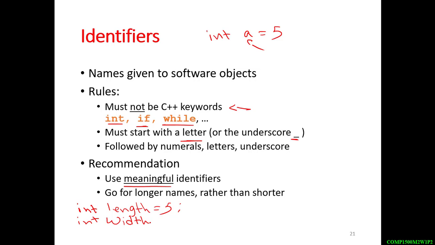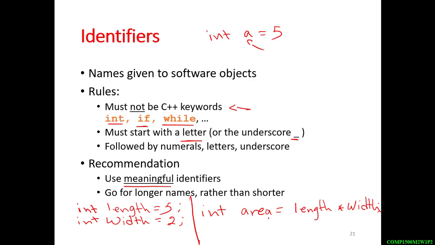Then integer area is equal to length multiplied by width. So if you read this equation, you are going to understand what we are calculating. The same, if I said integer L, integer W, integer A, it's very difficult to know what's going on there because you don't know what these letters mean. So it's better to use meaningful identifiers.